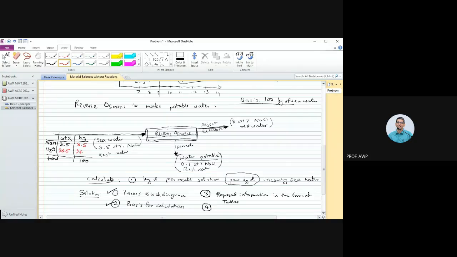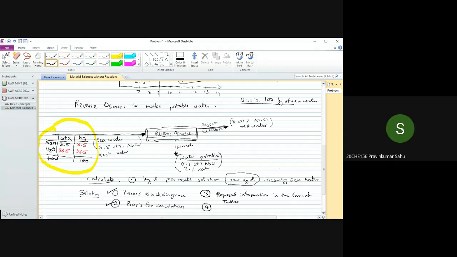It will contain 96.5 kgs of water. Okay. So this table that we have made is going to convey all the information that has been given about this stream. Do you agree?